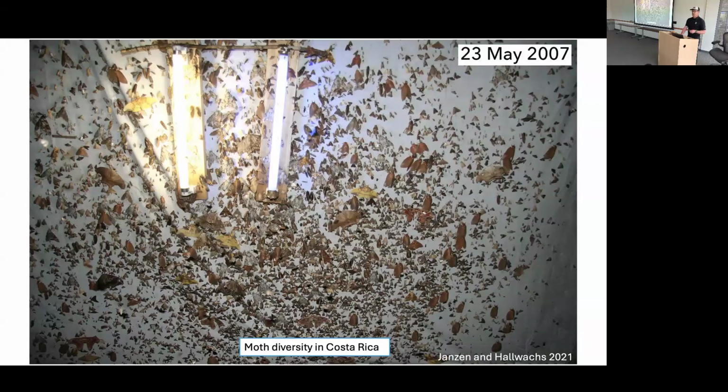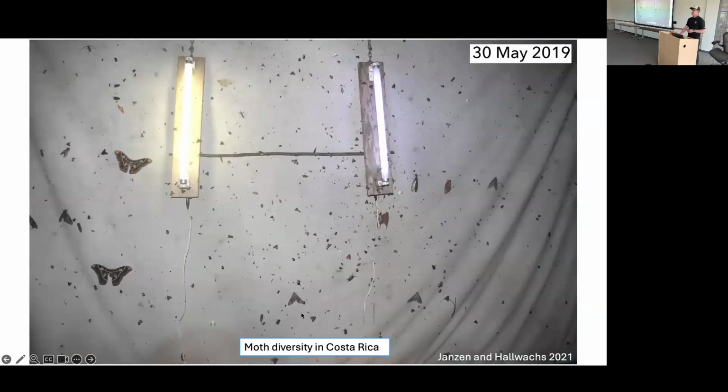You can see some change in the diversity and the body size of the animals there. And then by 2019, which is a little bit longer than the 27-year period shown in the study, you can see the moth biodiversity and the moth biomass in this system is totally depauperate at this point, right? And this is in tropical rainforest, an area that's supposed to have extremely high diversity and high abundance of forest insects. So yikes, that's concerning, right?